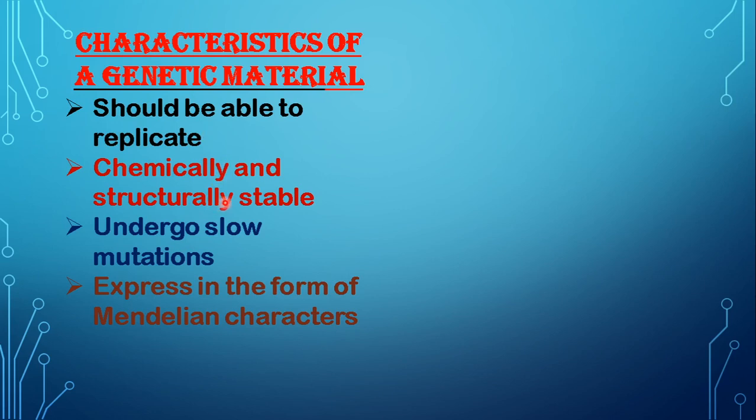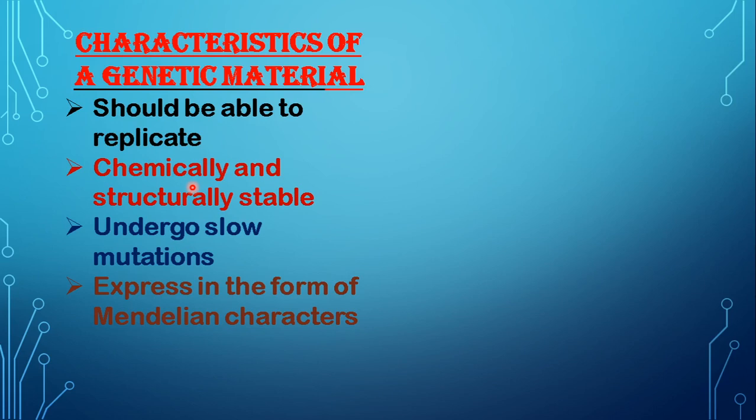Chemically and structurally stable: when we look into RNA, it is found that RNA is comparatively unstable compared to DNA. Why? Because DNA has one oxygen less. Its oxygen in the second position is missing, due to which it will not react easily with any other compound it comes across. Whereas RNA has that oxygen in the second position, which is always free.